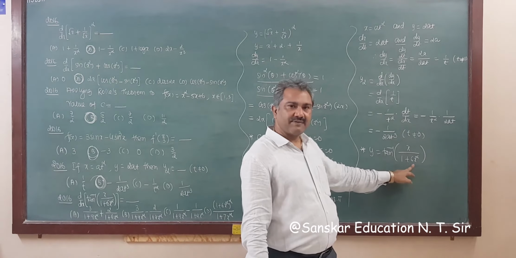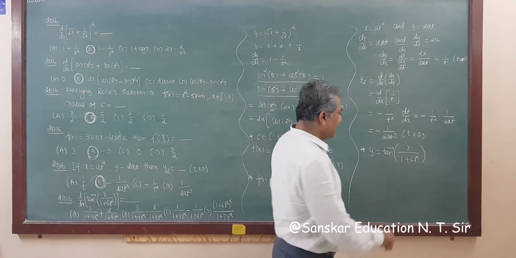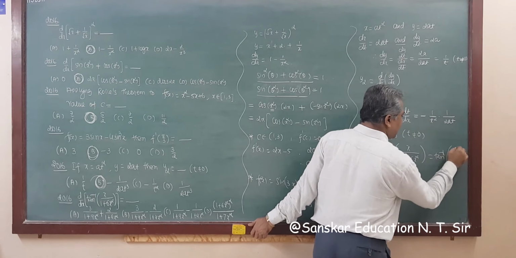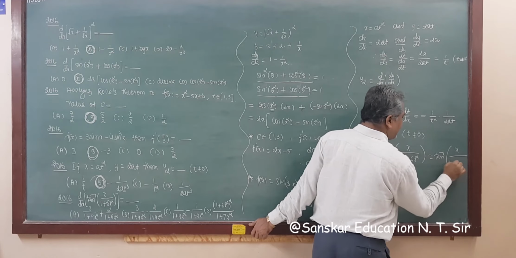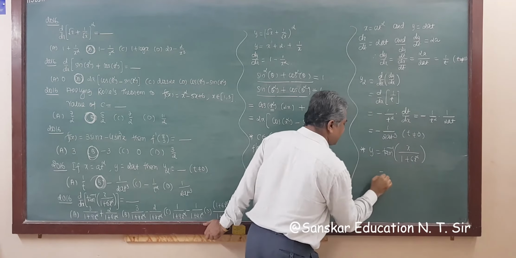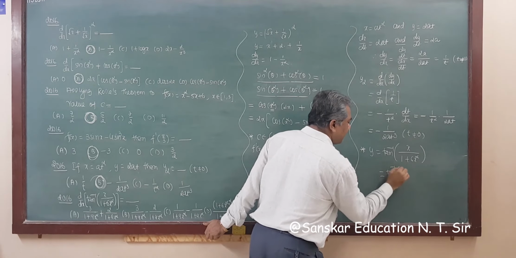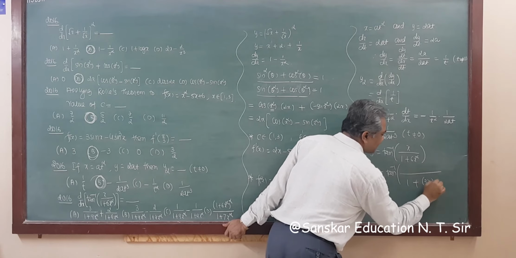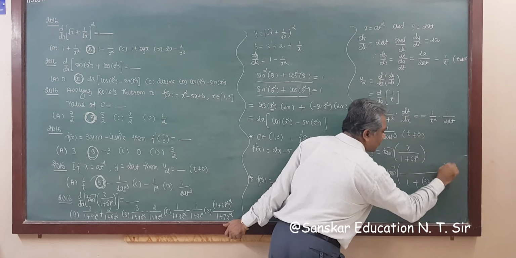So this is 6x square. I can write y as tan inverse of x upon 1 plus 3x into 2x.